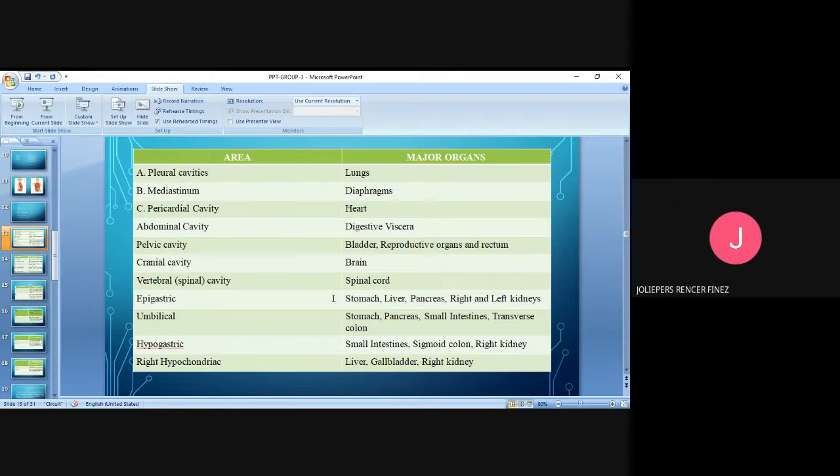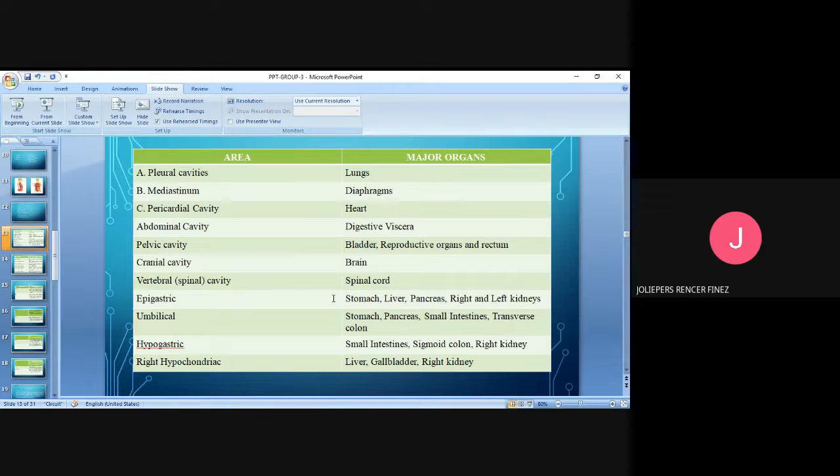Cranial and spinal cavity are the two subdivisions of the dorsal, meaning they are on the back portion of the body, and there are two subdivisions of the ventral cavity, the thoracic cavity and the abdominopelvic cavity, meaning they are on the front portion of the body.